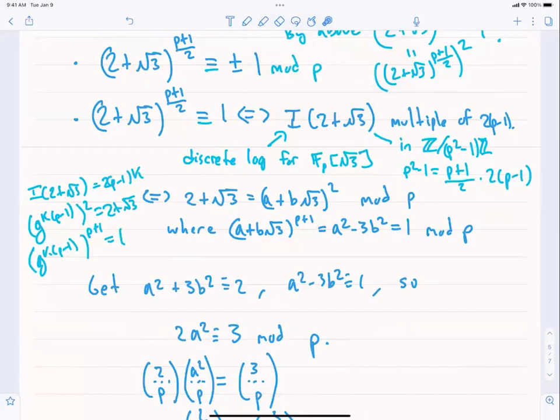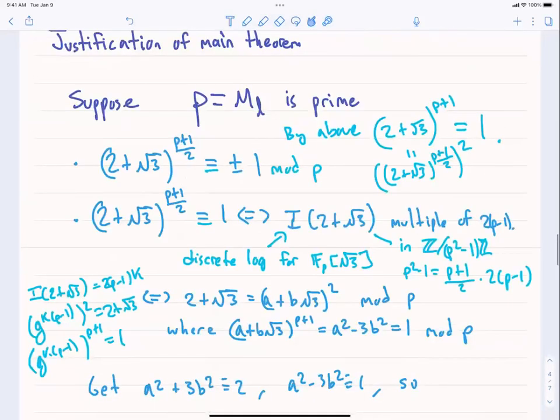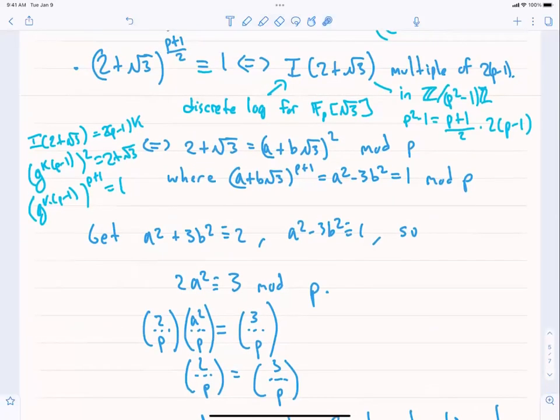But yeah, the best thing to do is to sort this out for yourself and write this down and check that what I've said makes sense. Given this, though, we get 2 things. We get 2 plus square root of 3 is (a plus b square root of 3) squared. And we also know that (a plus b square root of 3) to the p plus 1 is equal to 1. But by the above computation, whenever we compute (a plus b square root of 3) to the p plus 1, that's just like computing the norm.